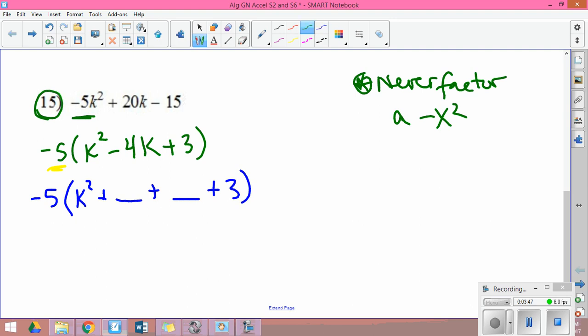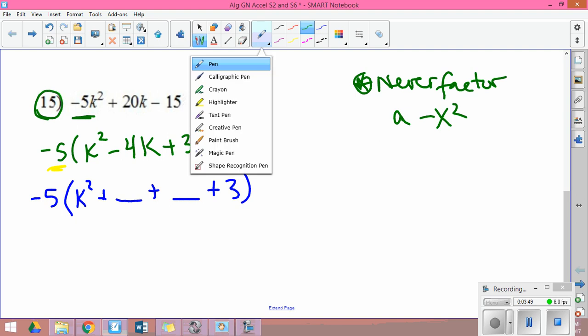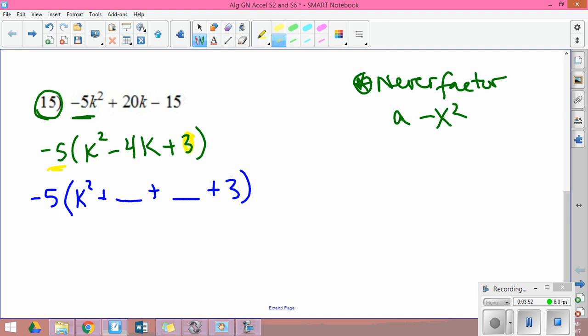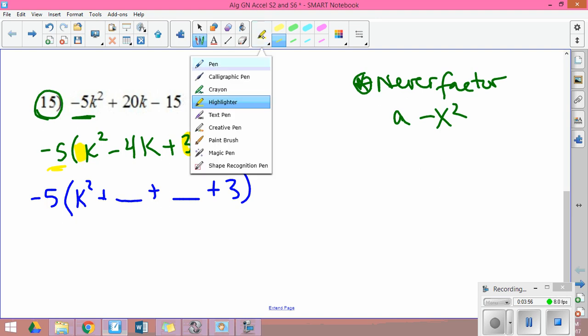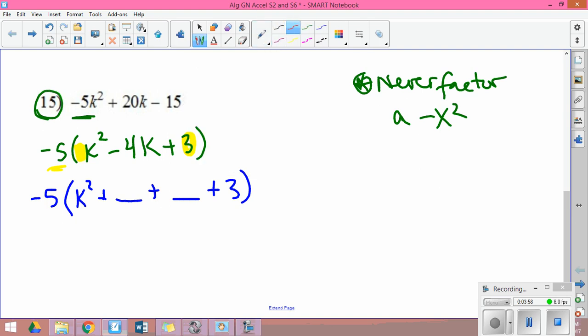And the way we're going to do that is we are going to multiply this last term times this first term. Now, in math terms, this is always ax squared plus bx plus c. It's a quadratic. So we're going to multiply that c times the a.